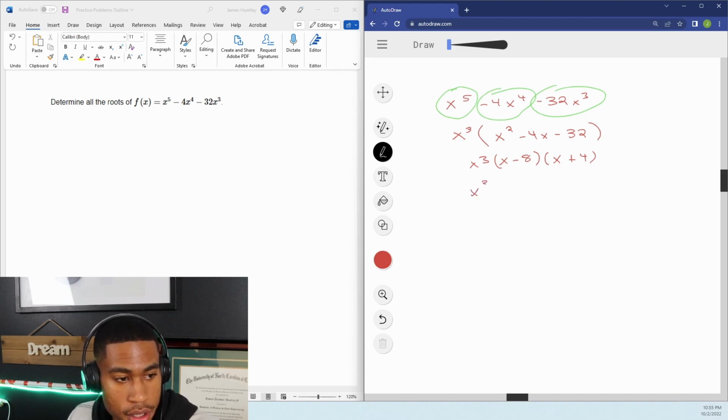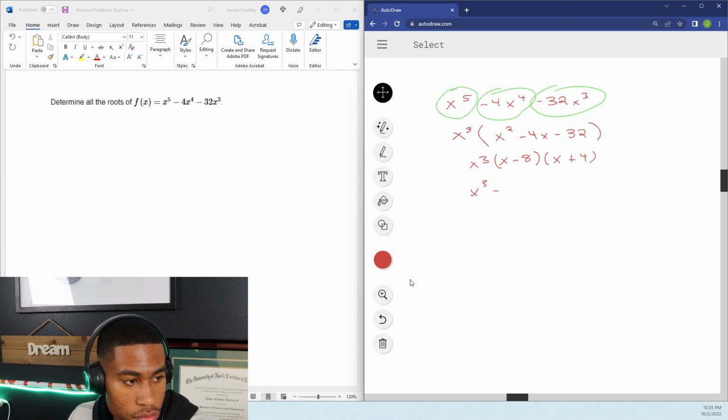So x to the third is equal to 0. If I break this up, x minus 8 is equal to 0, and then x plus 4 is equal to 0.